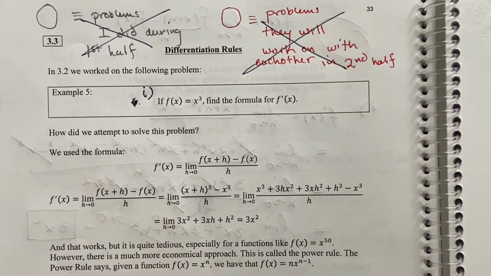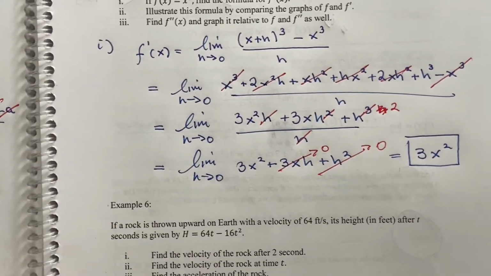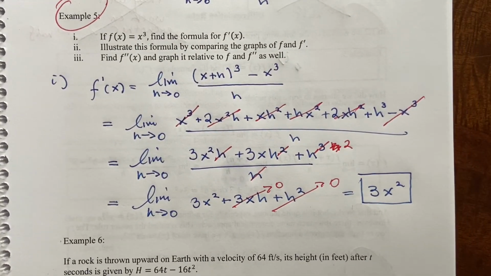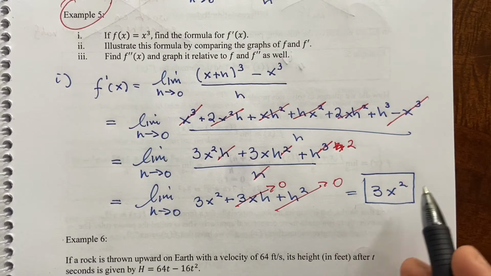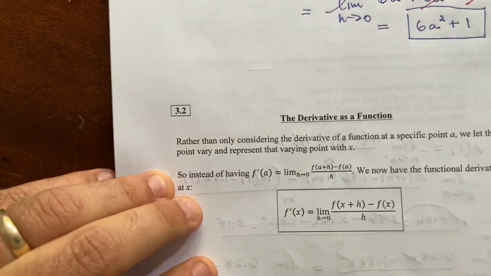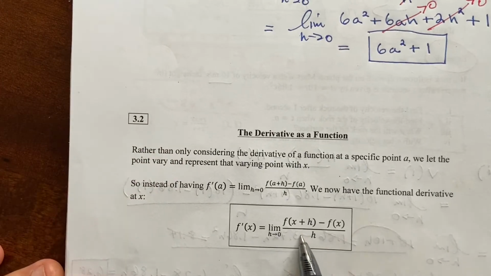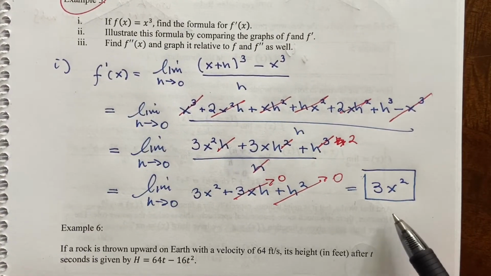On that page, you can see I retyped it. We used the definition. We went through the definition, applied it accordingly, and eventually got this as our derivative. We applied this definition, and that eventually amounted to this derivative here.